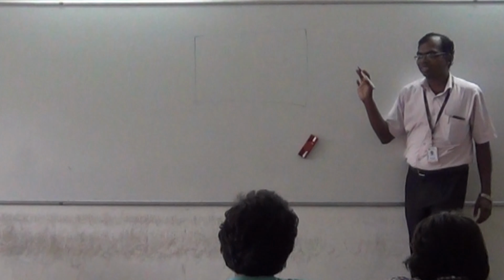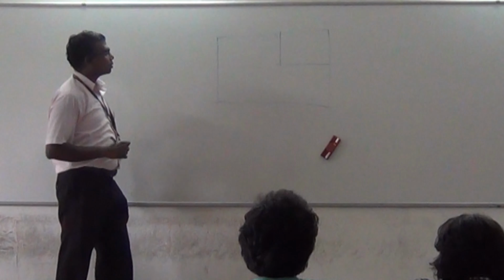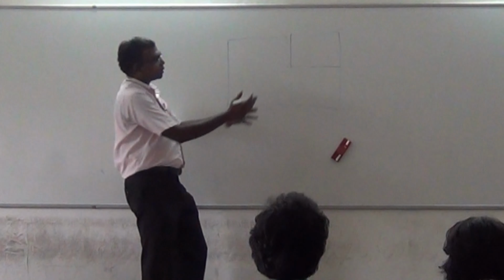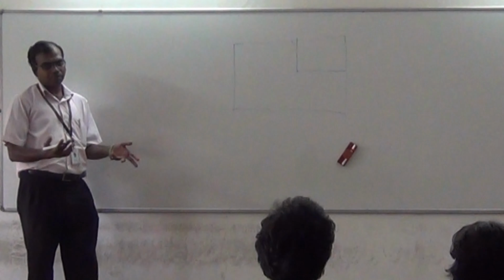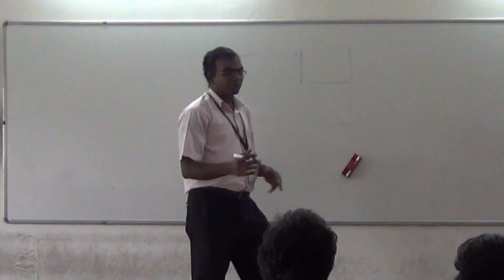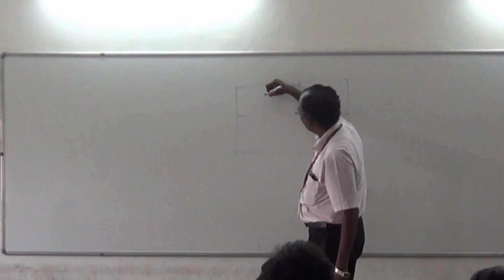Which way can we do it? Okay, so now I got my bath. Typically I need to split this up as a toilet and a bath area. Then I am going to keep a door here.